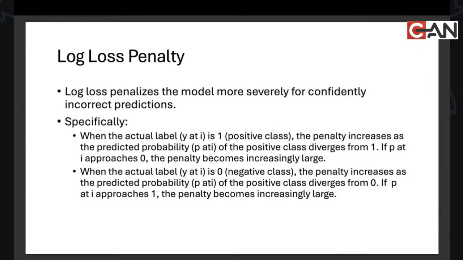I meant to say this when I had that board up, but the thing to take away with log loss, I think you can see based on this, is that it penalizes confidently wrong predictions. So if you confidently say 0.9 probability, 0.8 probability that this is of class 1 and it ends up being class 0, that's a much heavier penalty than if you said, well, I'm conservative.